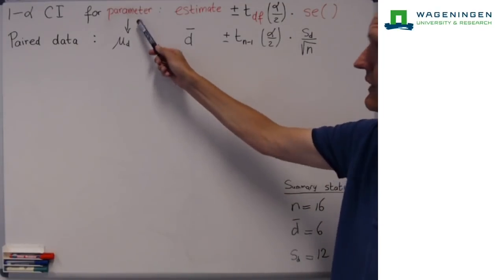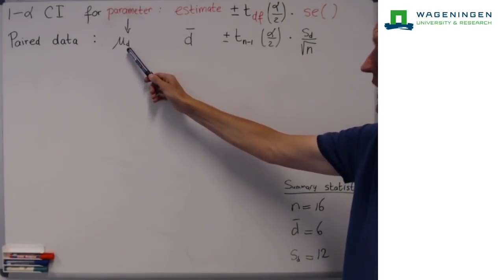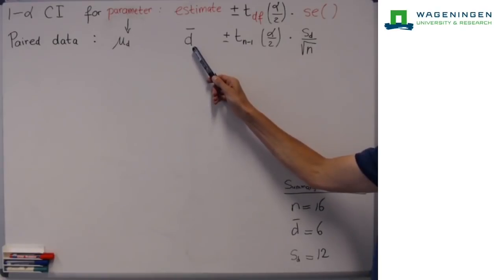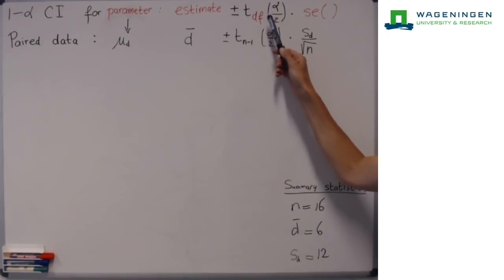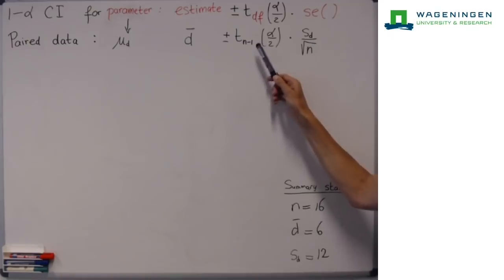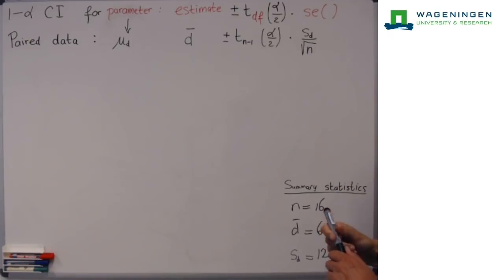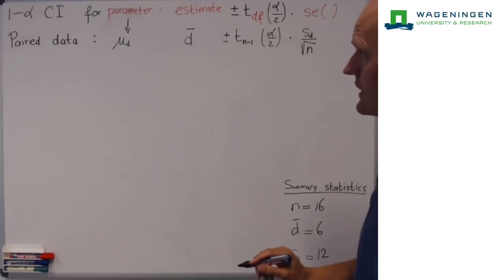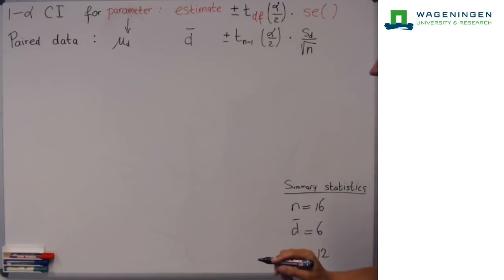For paired data, the parameter is indicated by mu of d, the estimate is given by d bar, the degrees of freedom in the t-distribution is n-1, and the standard error is sd over square root n. So now we can use the summary statistics to calculate the confidence interval limits.